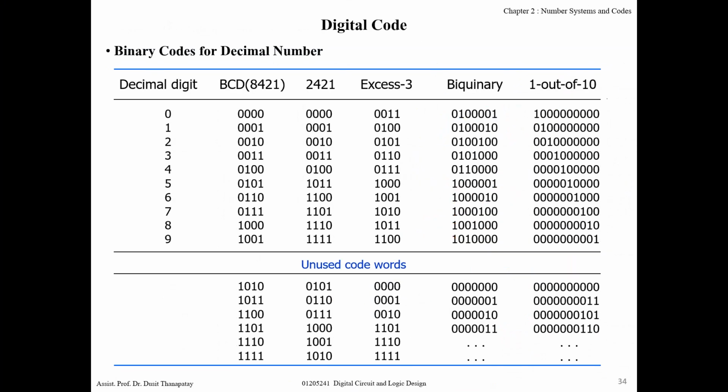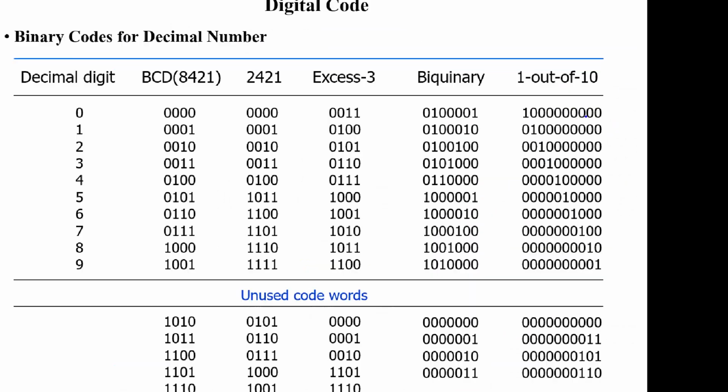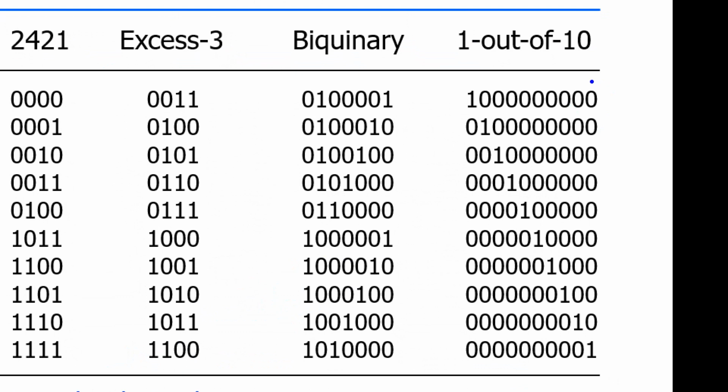And the next number system is 1 out of 10. For 1 out of 10, there are 10 bits, and only 1 bit is 1. Like you have 10 fingers, right? And each finger represents a value from 0, 1, 2, until 9. If you want to show the value of 1, you let this bit become 1.